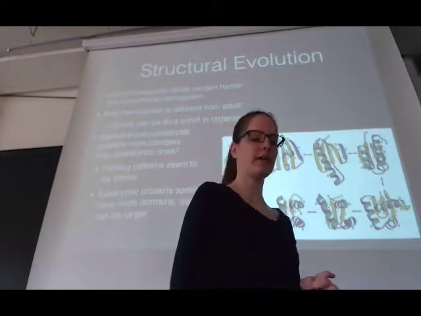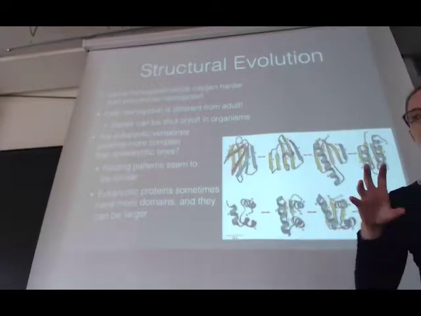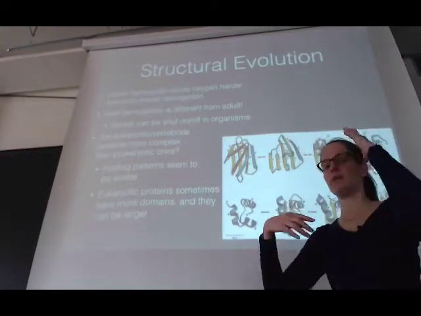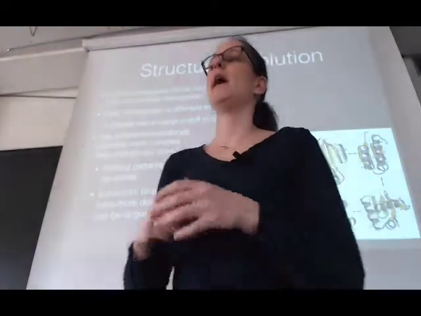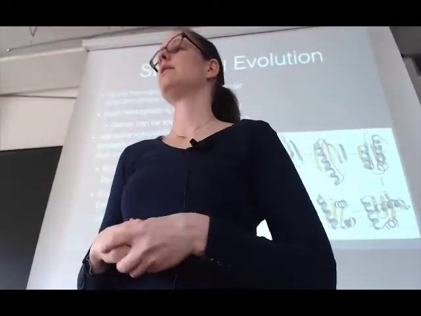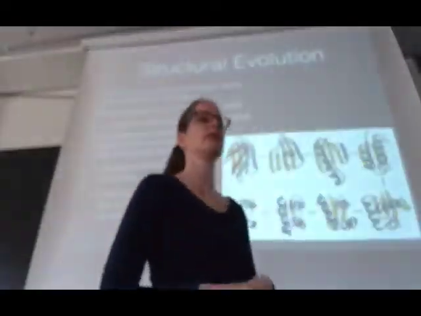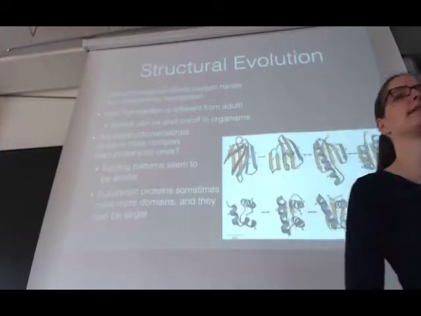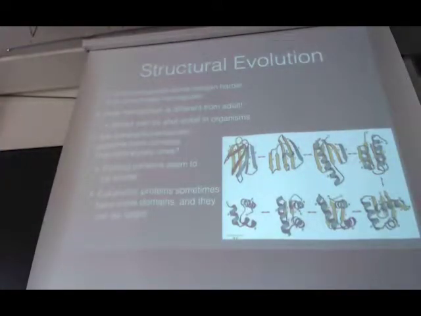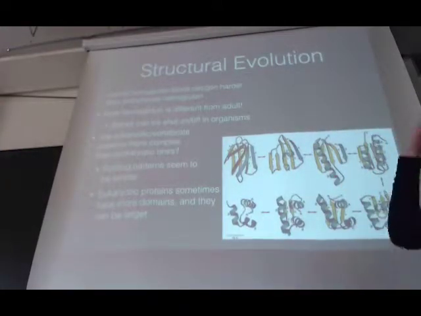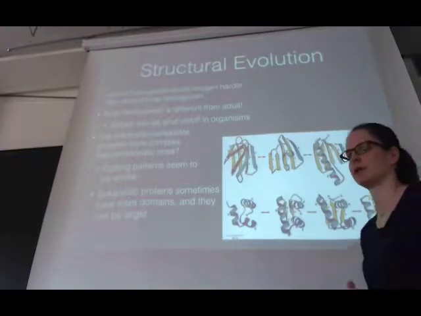But in eukaryotes there is something called post-translational modification. Translation is from RNA to protein, and this is decorating the protein. For example, glycosylation is a famous one: enzymes add sugars to already built proteins, and this creates complexity.